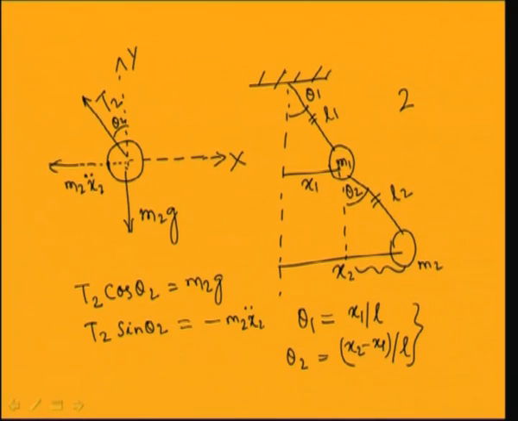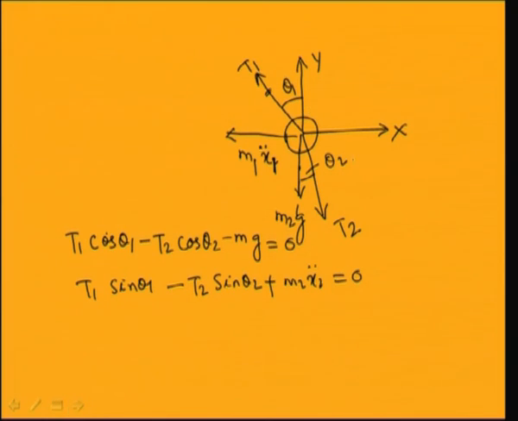Previous case you have m2 x2 double dot. So, for this first mass it is equal to m1 x1 double dot, and so this is equal to T1 cos theta 1 minus T2 cos theta 2, this is equal to minus m1g. So, this weight is equal to m1g.